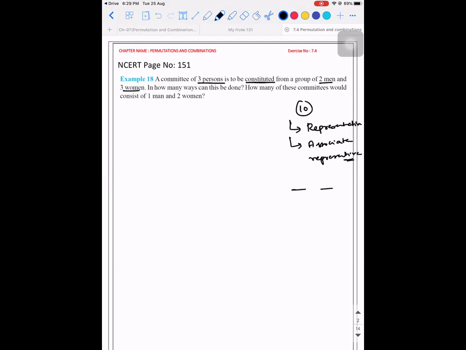See, forget about this question. As of now, answer my question. 10 of you are there. I need a representative and an associate representative. Here, obviously, I cannot repeat; the same person cannot be both. So I need 2 people, 2 blank spaces: 10, 9. Here I can pick any of the 10, here I can pick the remaining 9. So it is 90.